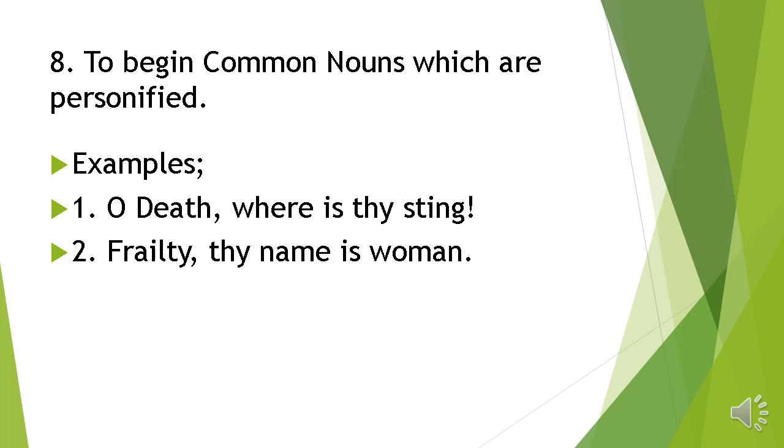In the first one, death is the personification, because we are talking to it as if it is a noun or a thing, and frailty is also being talked about, which of course is weaknesses and not being able to cope with things.